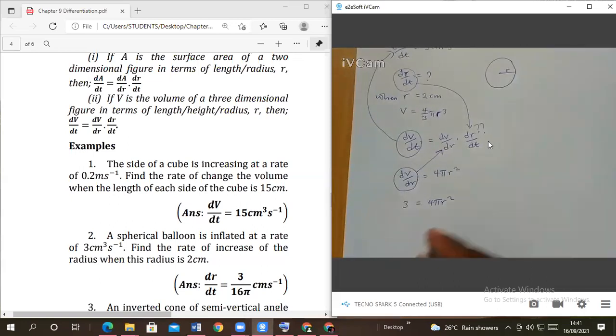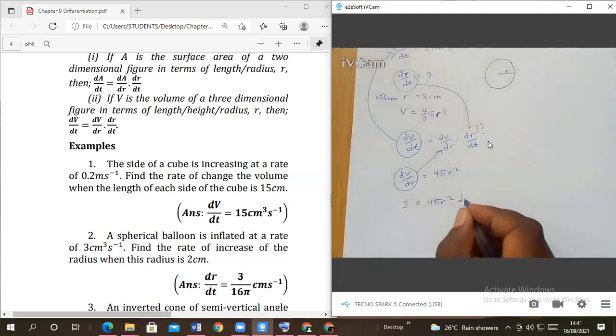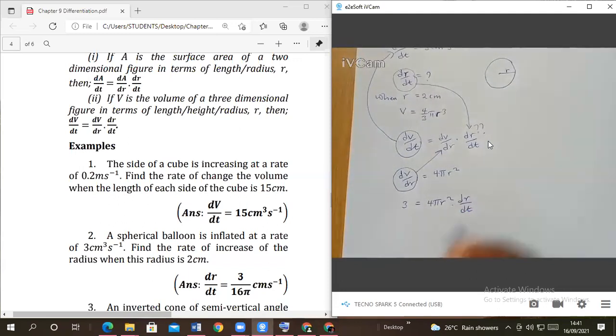And then we multiply it by dr dt. That is what we have. And from that formula, we can now make dr dt the subject of the formula, and we get dr dt as, we are dividing this one there, so we shall have 3 over 4 pi r squared. Are we together there?